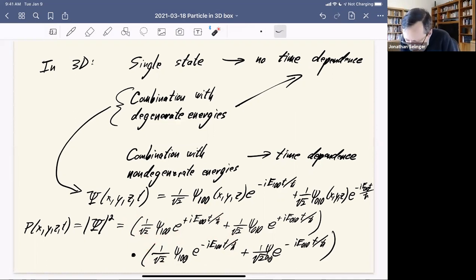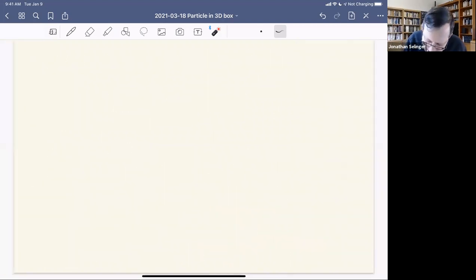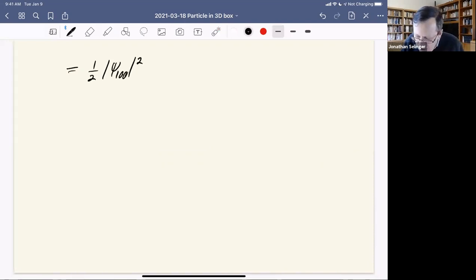Because here you have a positive complex exponential and a negative complex exponential, and they just cancel each other perfectly. So the first term is 1/2 psi 1, 0, 0 magnitude squared times e to the 0.